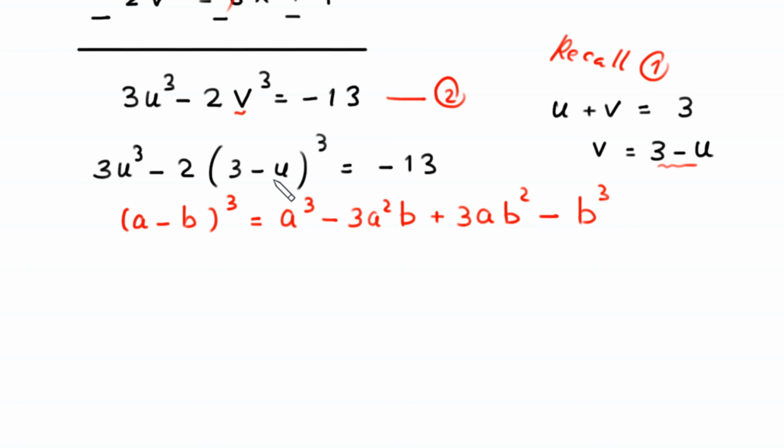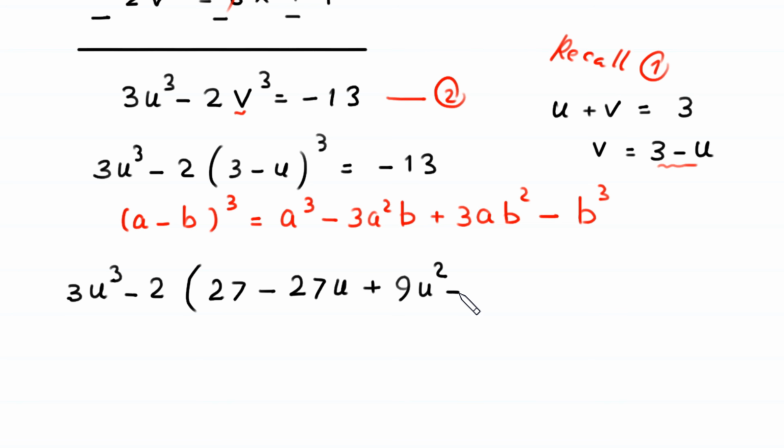This expression 3 minus u whole cubed will become, we write this 3u cubed first, 3 times u cubed negative 2 times this 3 minus u whole cubed will become 3 cubed is 27 minus 3 squared is 9, and 9 times 3 27 times u plus 3 times 3 is 9 and u squared minus u cubed equal to negative 13.